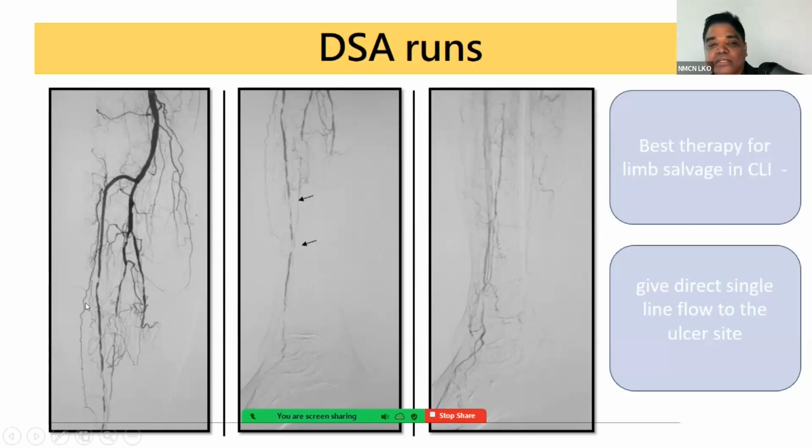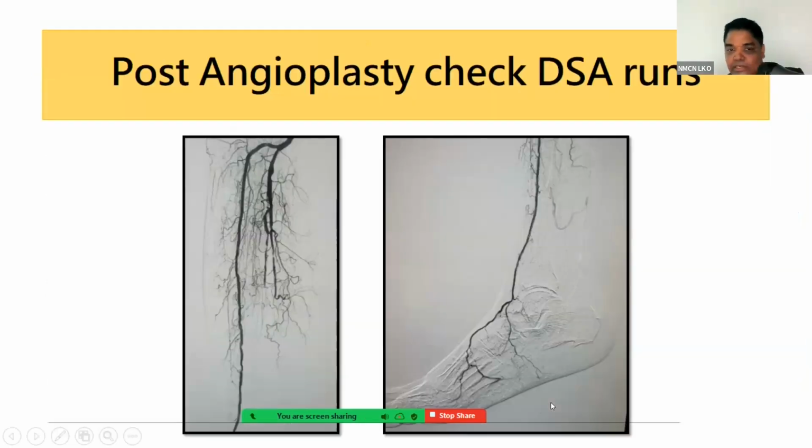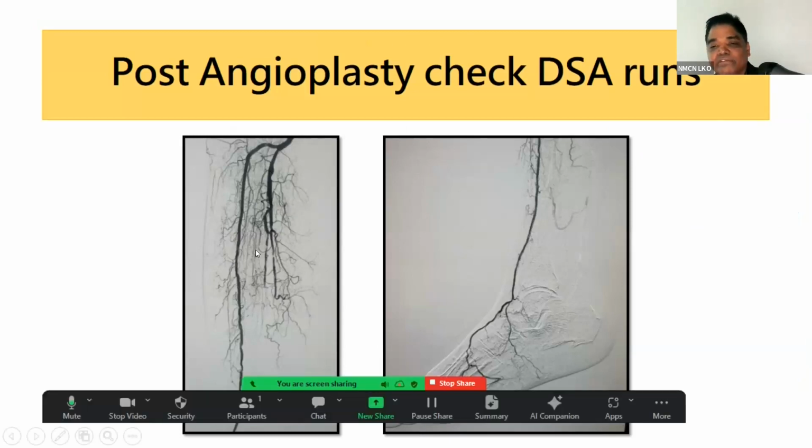We can see multiple arterial narrowings of the anterior tibial artery. Similar findings are also seen in the peroneal arteries and the posterior tibial arteries. So what we should have attempted was to at least recanalize the anterior tibial artery. Angioplasty has been done, and you can see that we've significantly dilated the anterior tibial arteries, and now there's good flow to the foot.